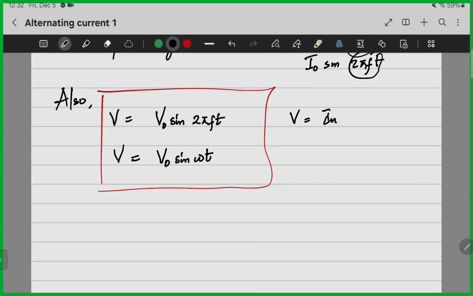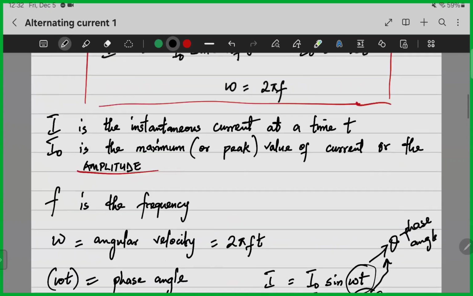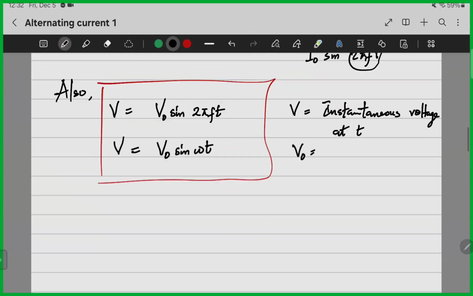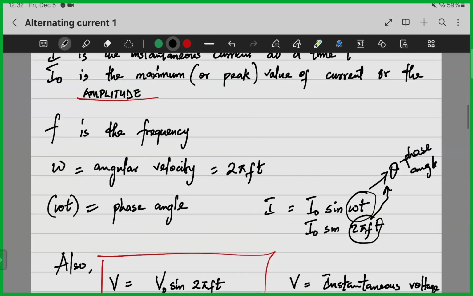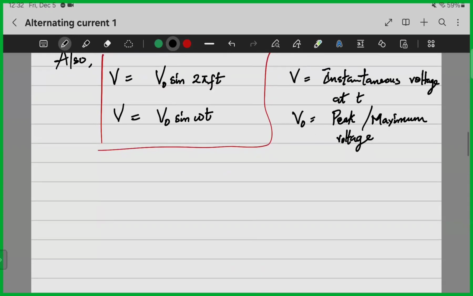This is instantaneous voltage at time t. V naught is like the amplitude, but more we call it the maximum or peak voltage. In a similar fashion, every other thing is defined as before: f, omega t, frequency, angular velocity, and then its value.